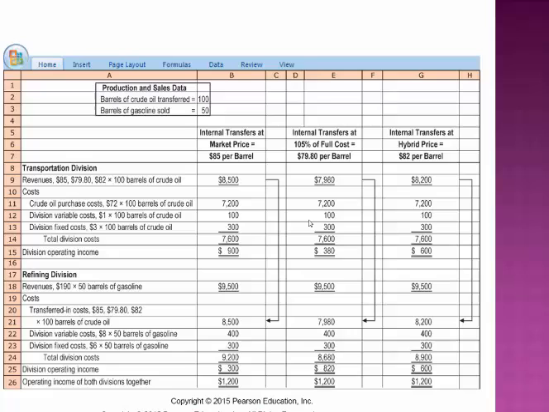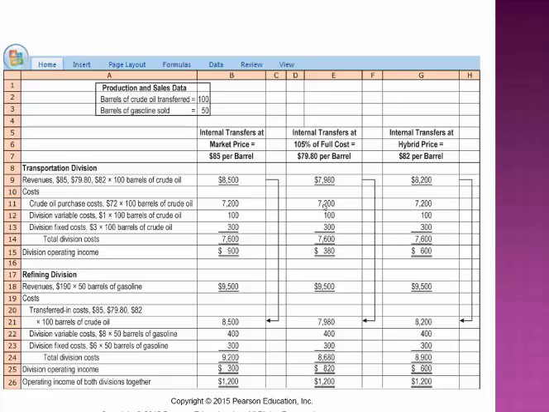So if we sell it at $79.80 times 100 barrels equals $7,980. Again, notice that the transportation's costs are the same. Their crude oil purchase is still at $72 a barrel. Their variable costs are still at $1 a barrel, and their fixed costs are still at $3 a barrel.